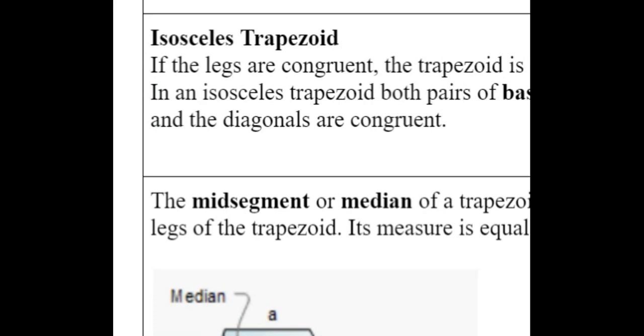Now, there's more than one pair. It's not just the two at the bottom, it's also the two up here that are congruent to each other. So both pairs of base angles are congruent.